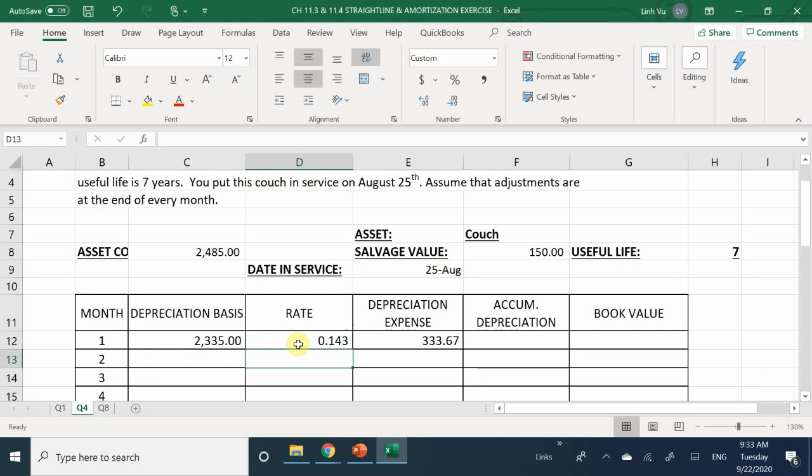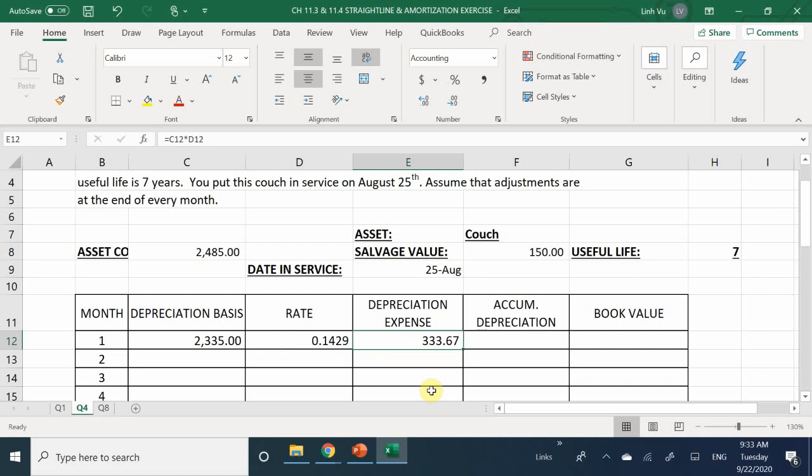There you go. It's rounded to the nearest 4 decimal places, right? Okay. And because I don't want you to have, if you don't have calculators, you're not going to get this right answer, that's why I chose to round my rate to 1.429. And here, I get $333.67. Okay? That is equivalent for one whole year.